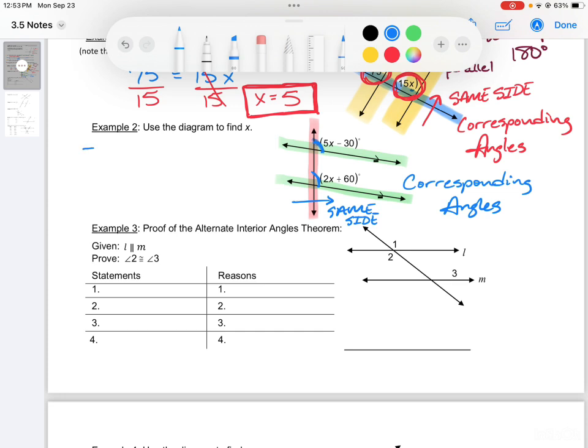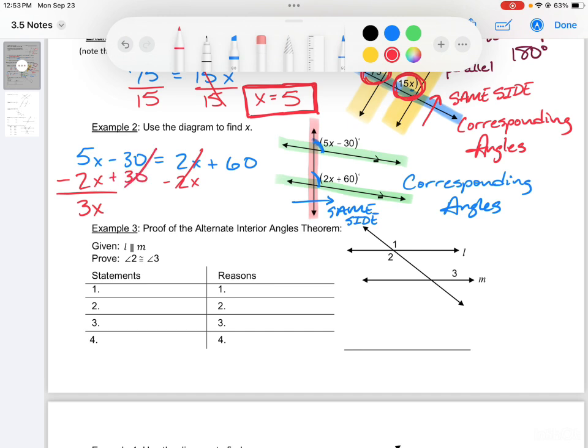And when you have corresponding angles, they are equal to each other. So you would just set their two equations equal to one another. And then I normally like to take the smaller x value, which in this case is 2x, move it over, take it away from the larger x value.